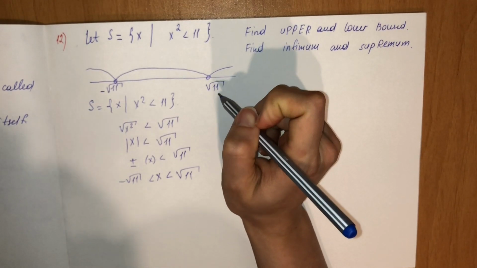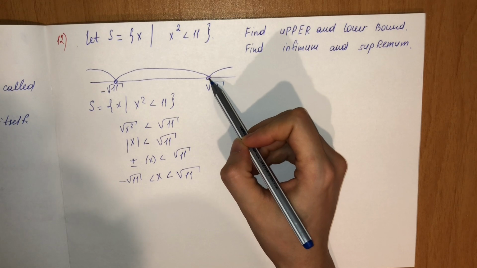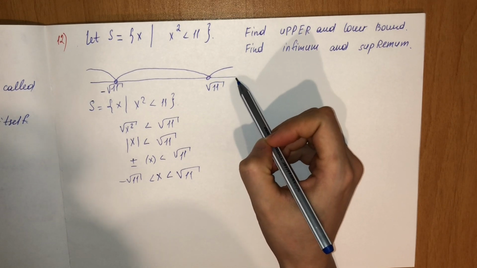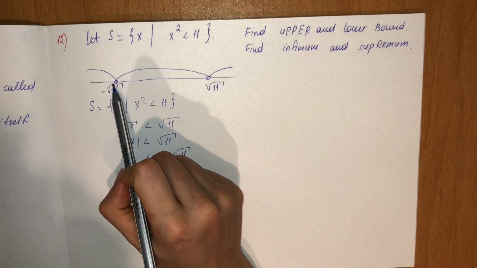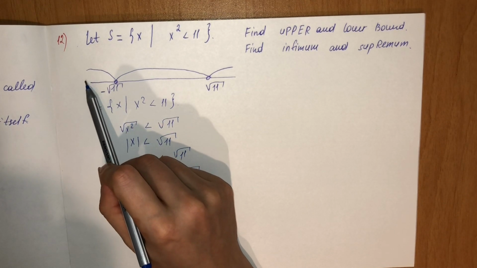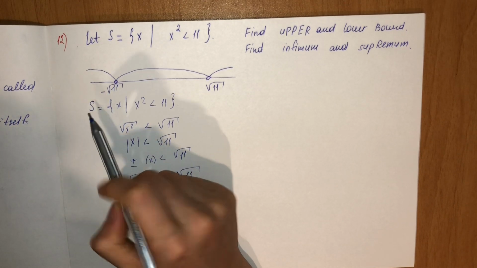This interval, greater than the square root of 11, is the upper bound, and this interval, less than minus the square root of 11, is the lower bound.